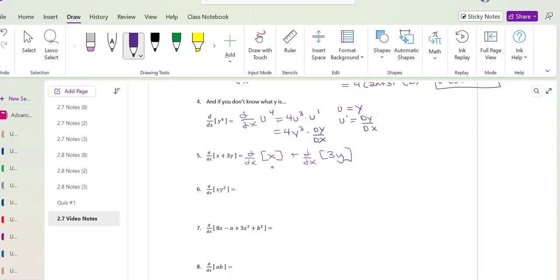The derivative with respect to x of x is just 1. 3y, if you do the chain rule, remember this is like 3u, u is equal to y, u prime is dy dx. So then the derivative would be 3 times u prime, which is dy dx. So it's just 3 dy dx. And that is your final answer.